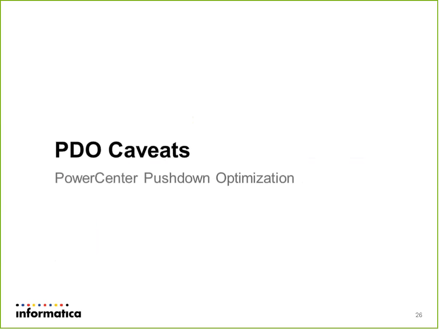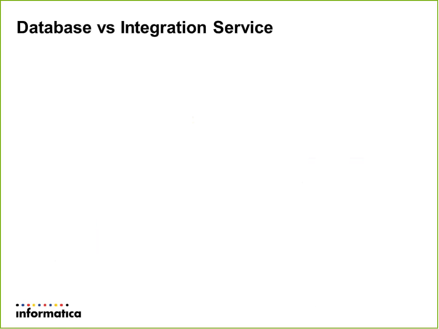We have looked at various support aspects of Pushdown optimization. So let's look at the associated caveats when Pushdown optimization is used or configured. The integration service and databases can produce different results when processing the same transformation logic.